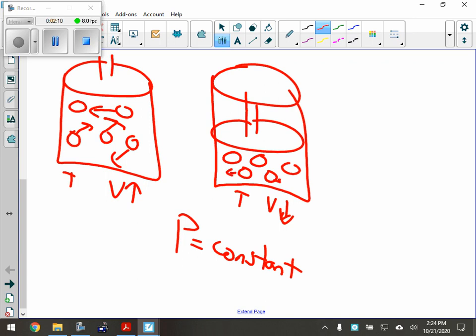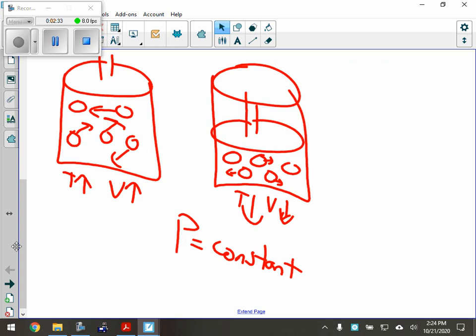So now I slow them down so that, again, I have less space, but I get less collisions by slowing them down. So if the volume goes down, the temperature has to go down. If the volume goes up, the temperature has to go up, okay?